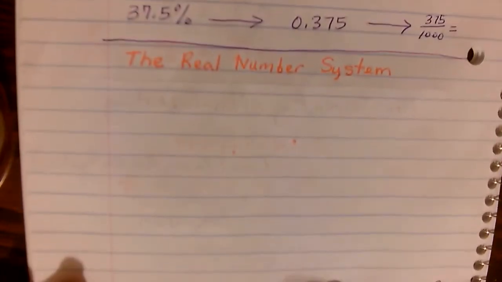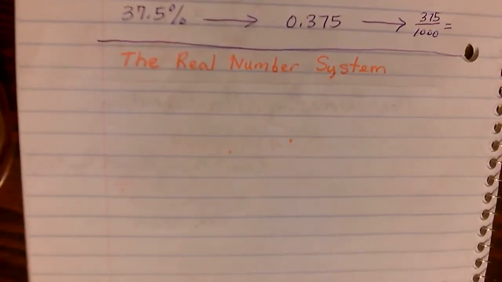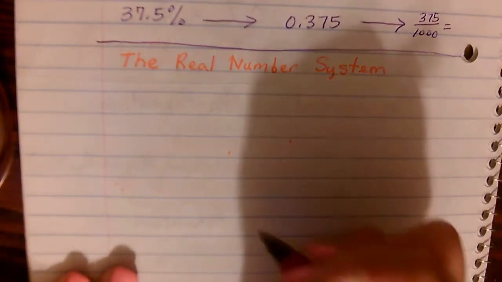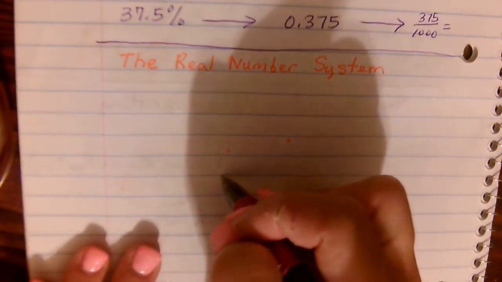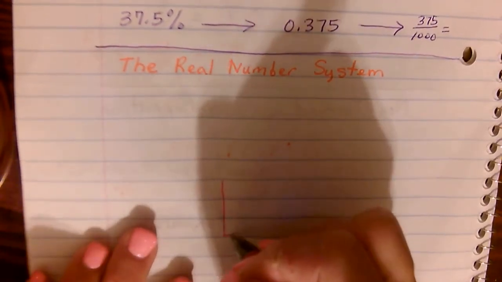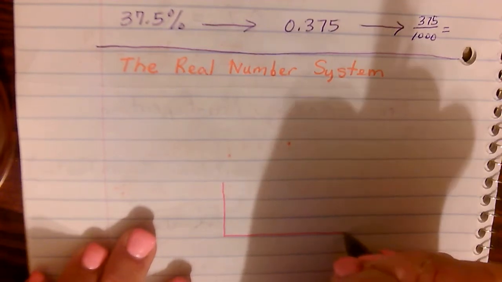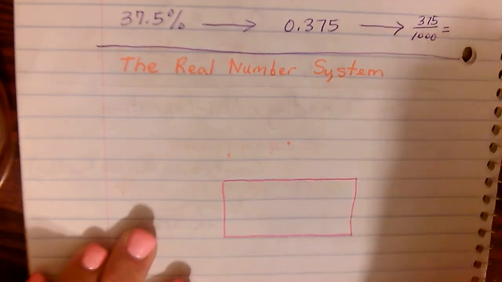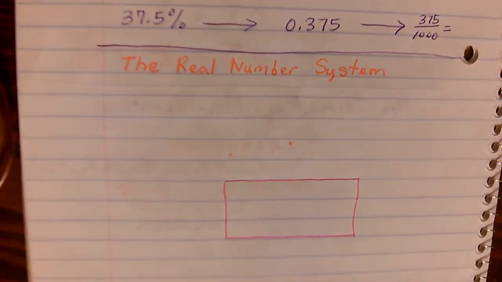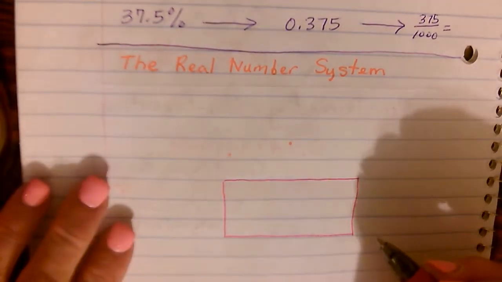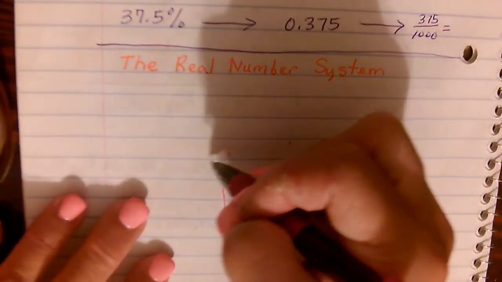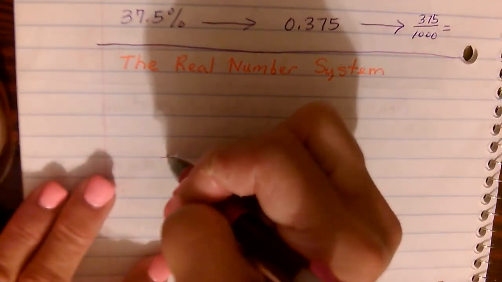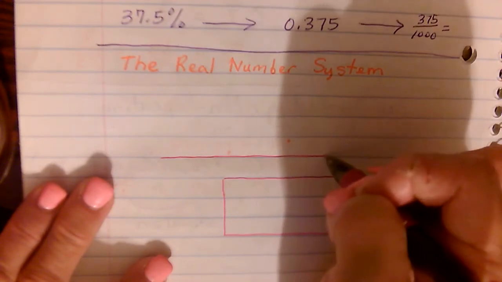Let's slide this up, because we're going to talk about how things fit together. Right here in the middle, I'm going to draw 3 lines down and across, one rectangle. I'll make the next one a little bigger, with 1 line around it each way.